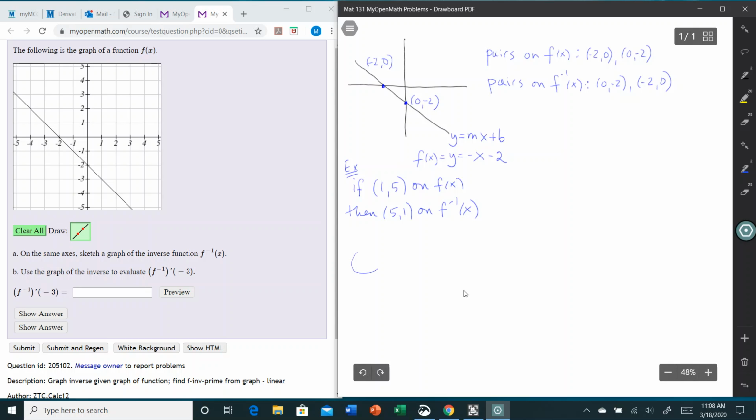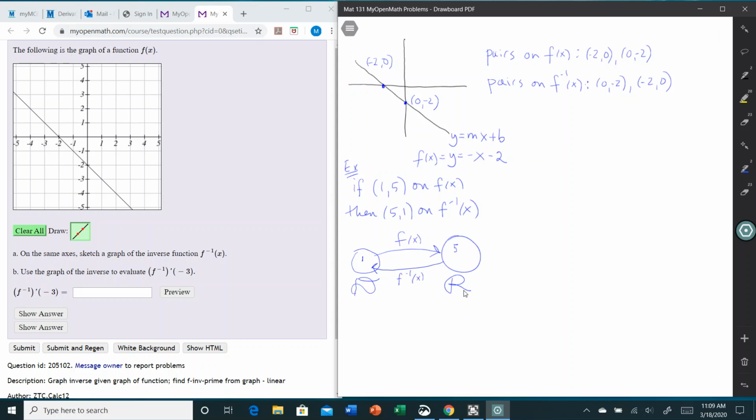You have a domain set, and the function maps that domain set into a range set. If the domain value is 1 and 5 is a range value, and f maps 1 to 5, the inverse function will map 5 back to 1. So that's why the reverse of the ordered pairs are on the graph of the inverse function.